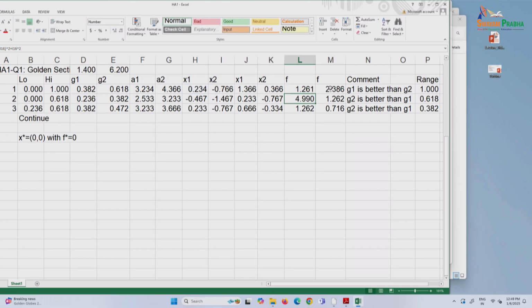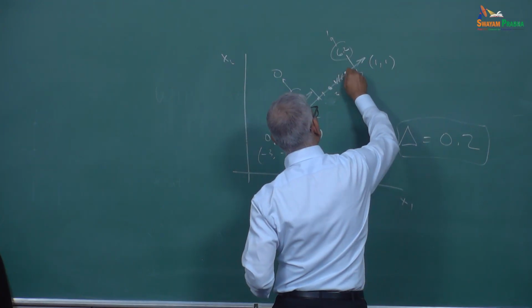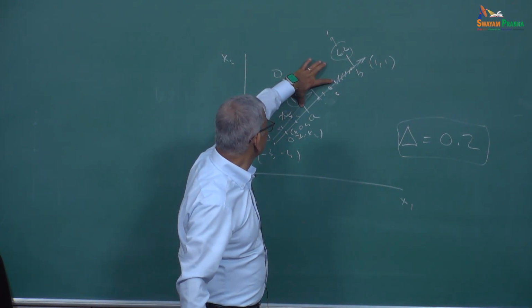Now you see this is the first point's f value, and the second point's f value is the next one. So which is better? Which is worse? 2.386 is worse. So G1 is better than G2, so I'm going to delete this region. So I'm going to have my search from A to this now.